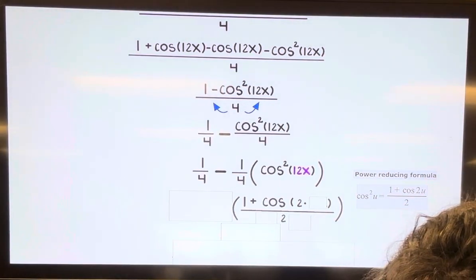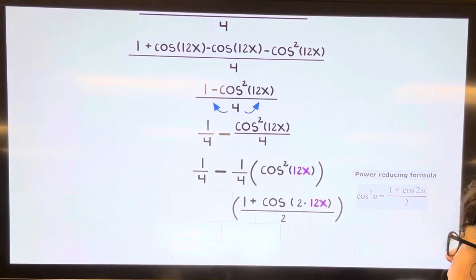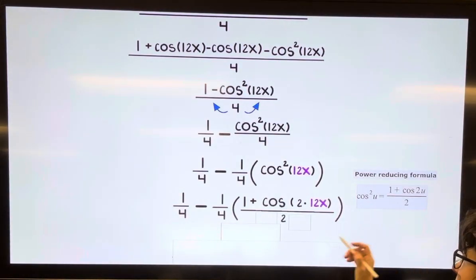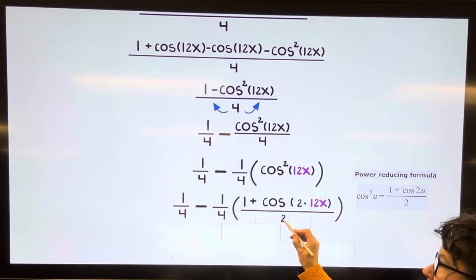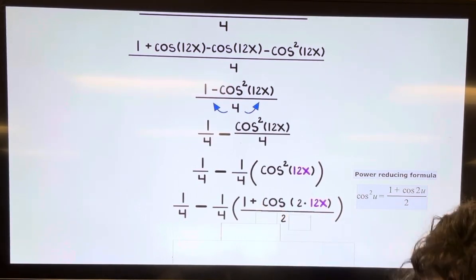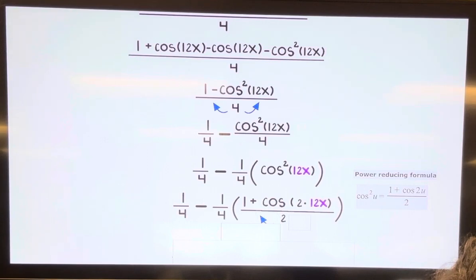So I'm going to put in the 12x right there, bring down this 1/4 minus 1/4. Then this 2 here, once again, in the denominator, belongs to both pieces in the numerator.